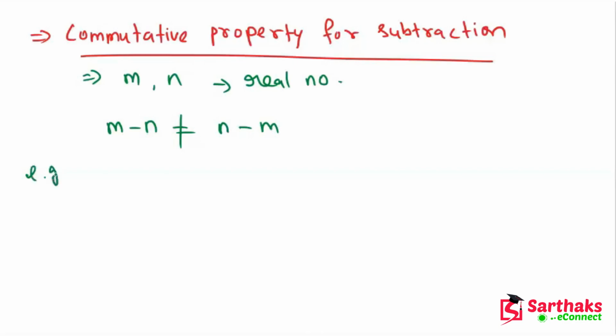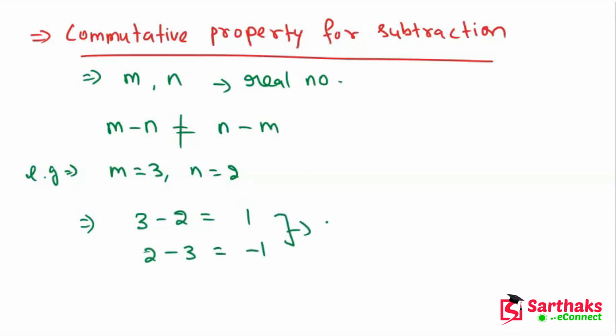For example, let's suppose m is equal to 3 and n is equal to 2. If we subtract 3 minus 2, we get 1, and if we subtract 2 minus 3, we get minus 1. So the results are different, so we can say that commutative property for subtraction is not valid.